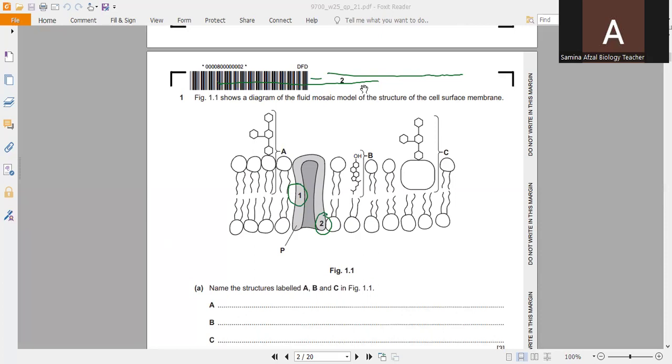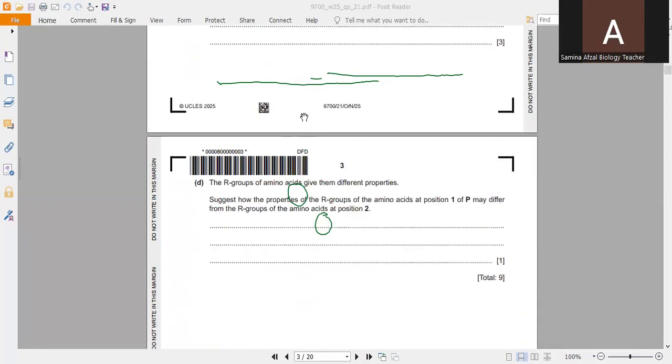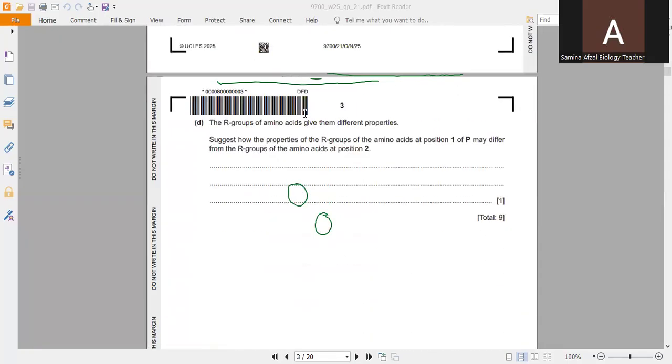So we can say that if this diagram shows a different arrangement, then I would go with this answer in the given space, which is only 1 mark.